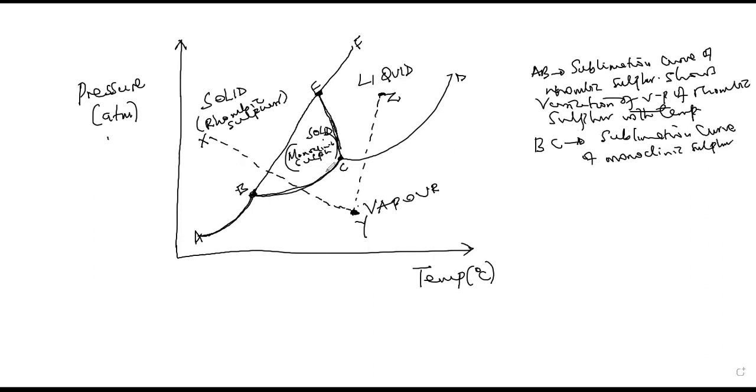And then when we talk about CD, this is vapor, liquid, so we shall call it the vaporization curve. One can call it the vapor pressure curve of liquid sulfur, because we have the equilibrium between liquid and vapor, so liquid sulfur.